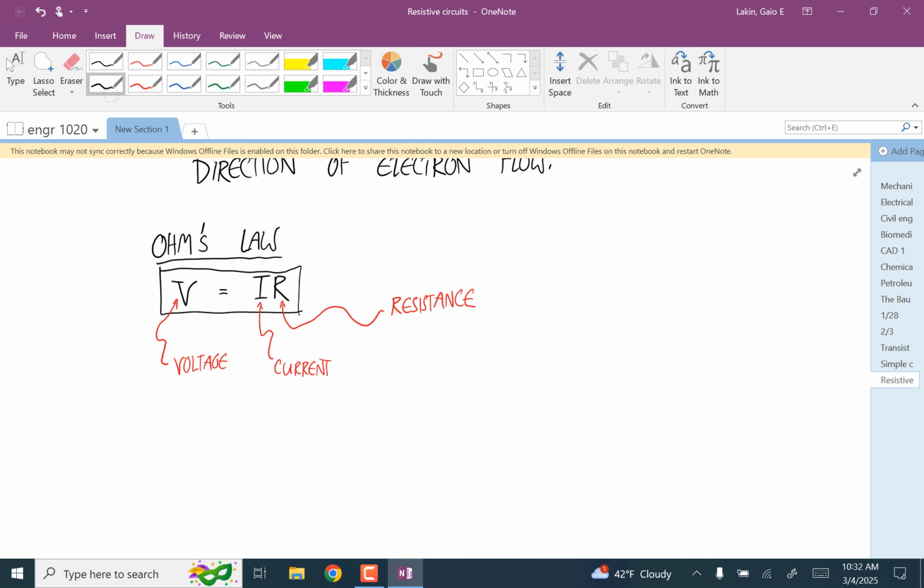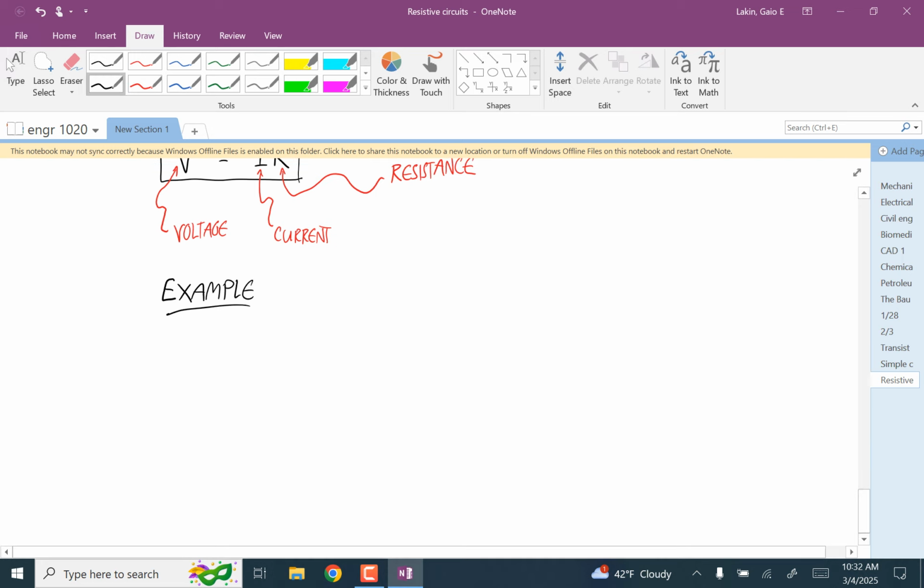Okay, so let's think about a case where we have a 9-volt battery. Let's say this is the positive terminal, this is the negative terminal, and this is 9 volts.